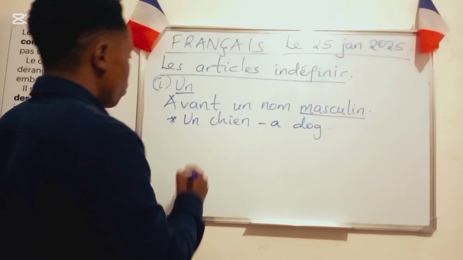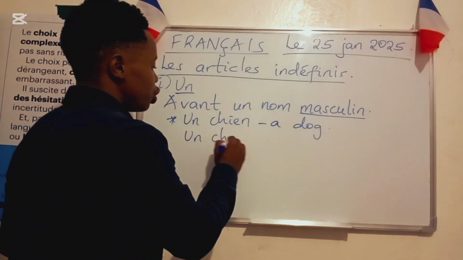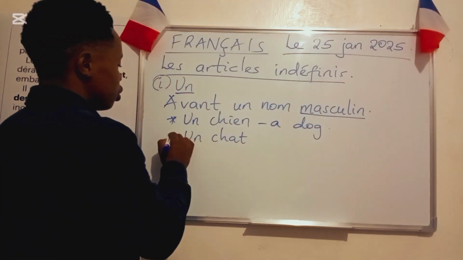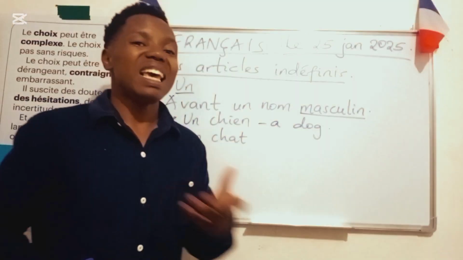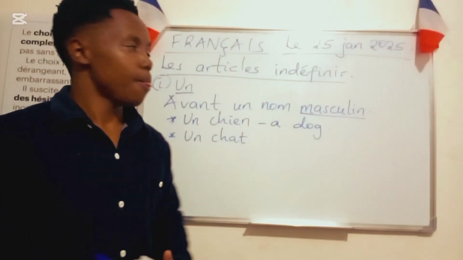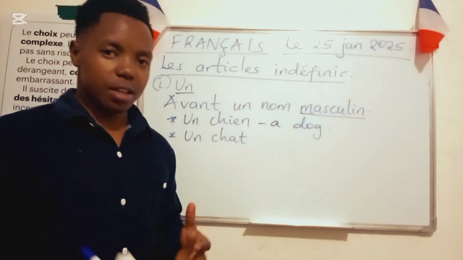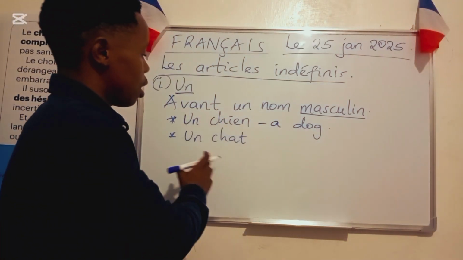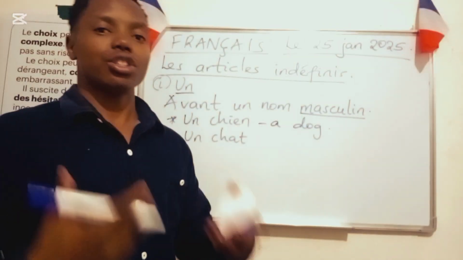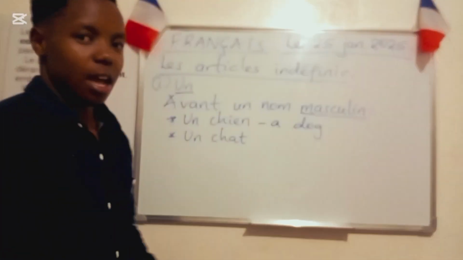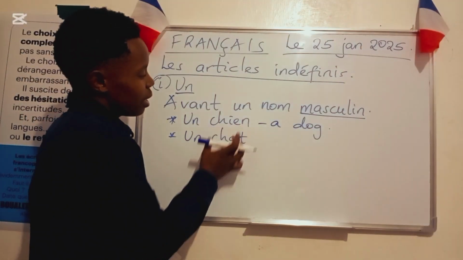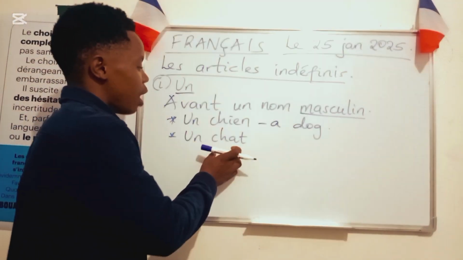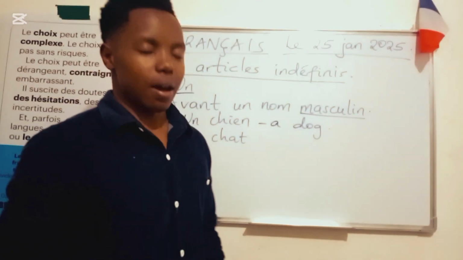We have un chat. And of course, CH in French, ça c'est CH, nous donne le son sh. It gives us the sound sh. So we have un chat, un chien, un chat. That is a cat. You can see chien is masculine, chat is also masculine.